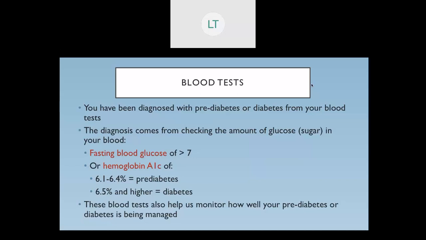And your hemoglobin A1C is going to give us a little bit of information about where you're sitting, and if you're within normal range, the prediabetes range, or the diabetes range. Prediabetes is anything 6.0 to 6.4. Once you're 6.5 or higher, it does put you into that diabetes range. And these blood tests also help us to monitor how well your prediabetes and diabetes are being managed.